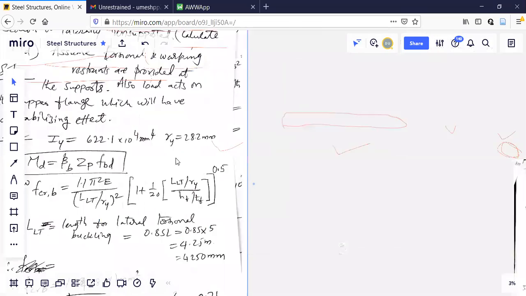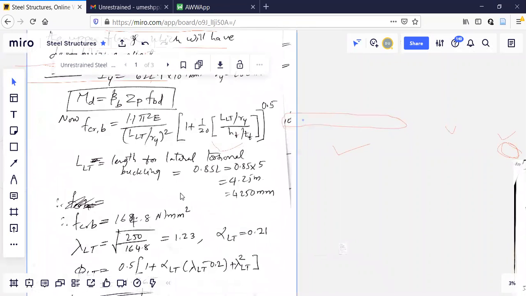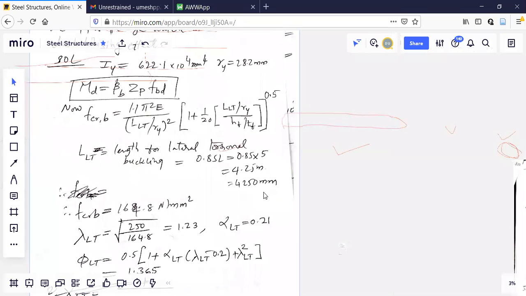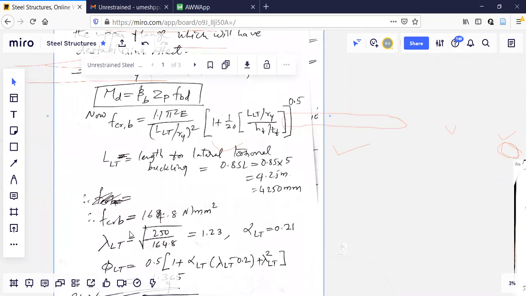So this is all about your L_LT, the length for lateral torsional buckling. LT means lateral torsional; wherever you see the subscript LT, it is lateral torsional buckling only. Now 0.85 L is 4250 mm. What I have done is I have substituted; I have not actually inserted those numbers here.